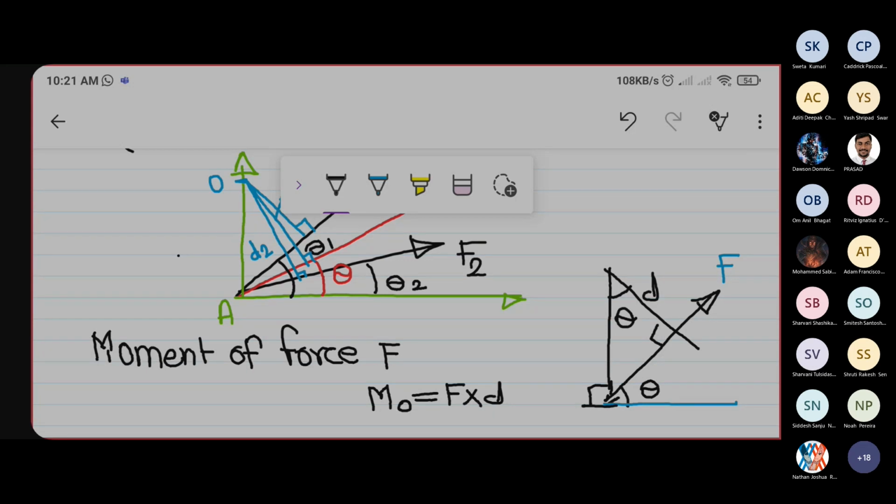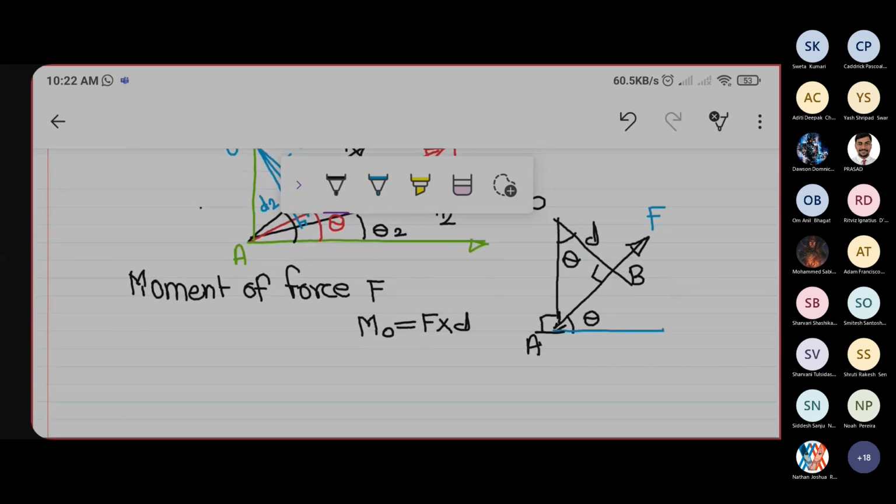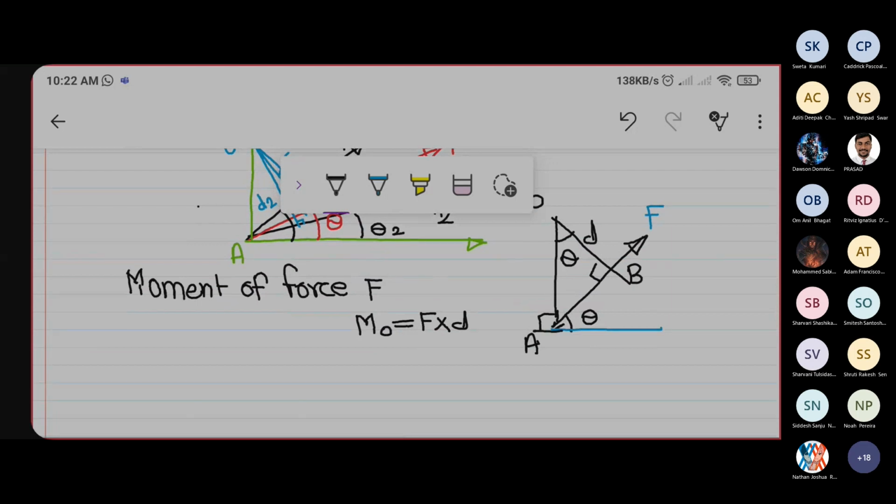Okay, let's consider triangle OAB. In triangle OAB we can write cos theta.